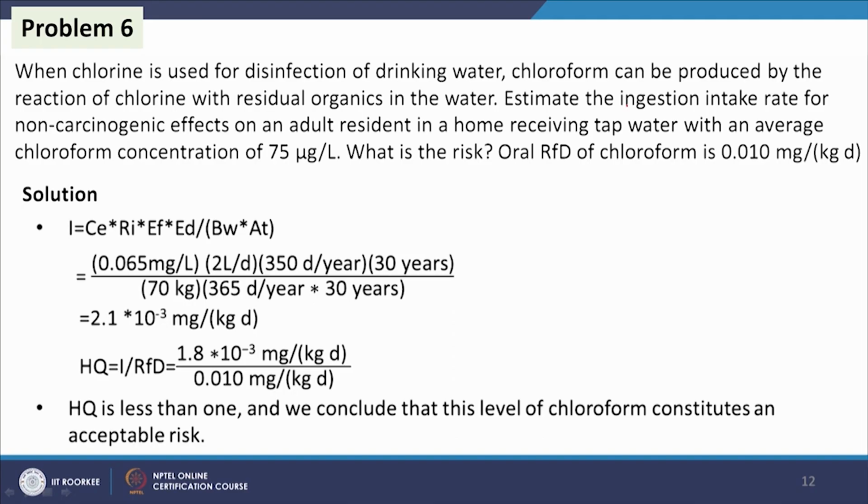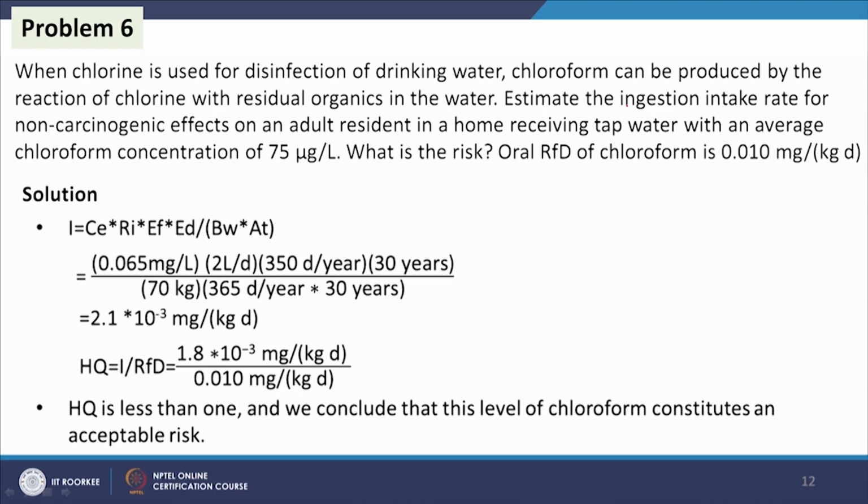So, how can we find out the risk? We know the relationship: risk can be calculated on the basis of the hazard quotient. So, HQ is equal to I by RfD as per definition. This intake is 1.8 into 10 to the minus 3 and here 0.010 mg per kg per day.